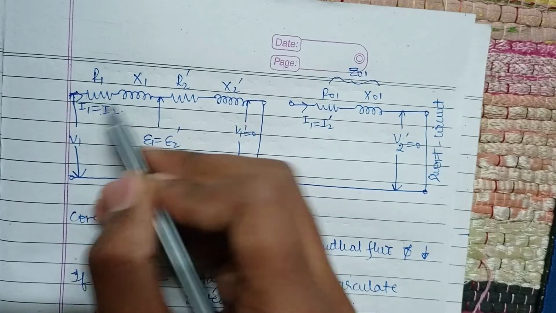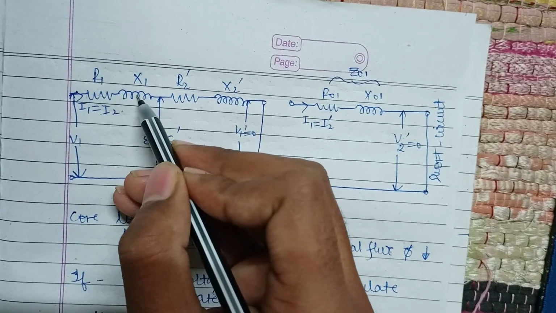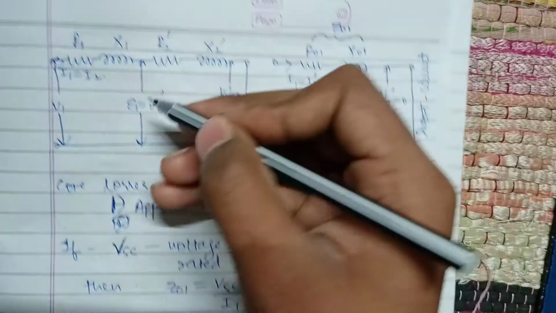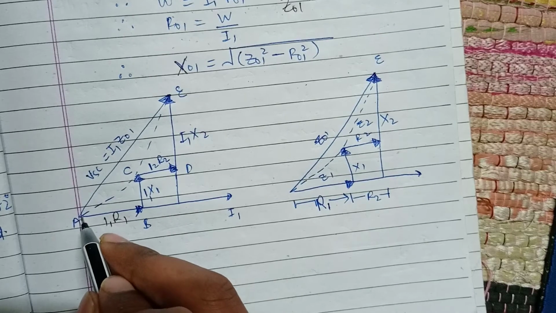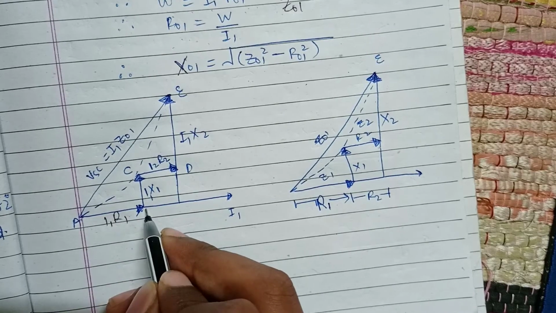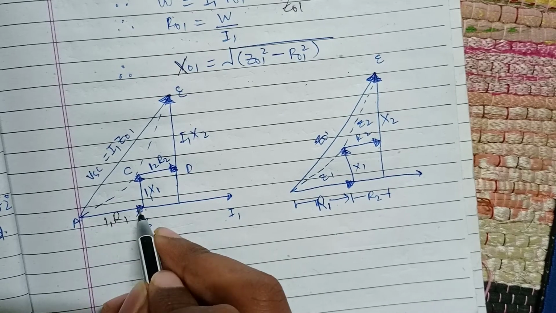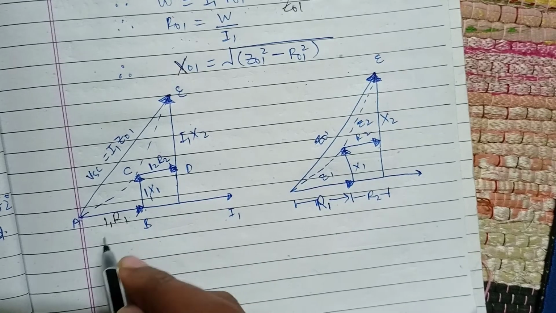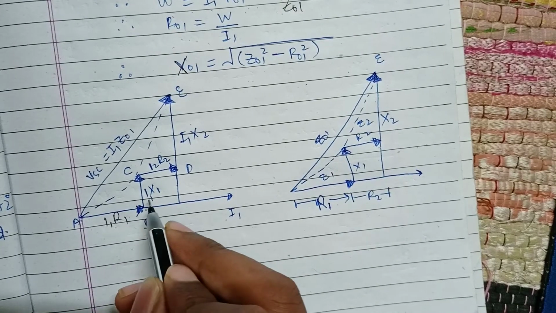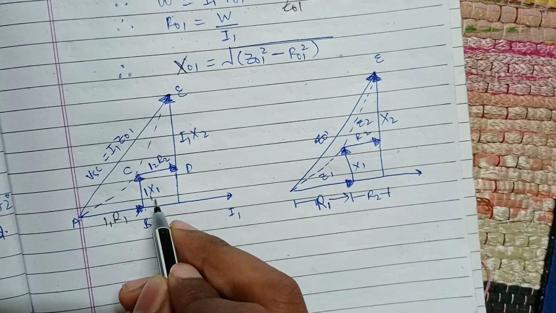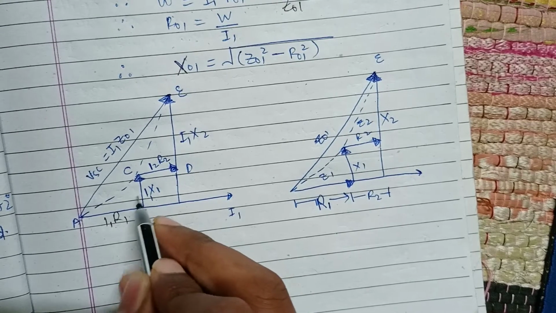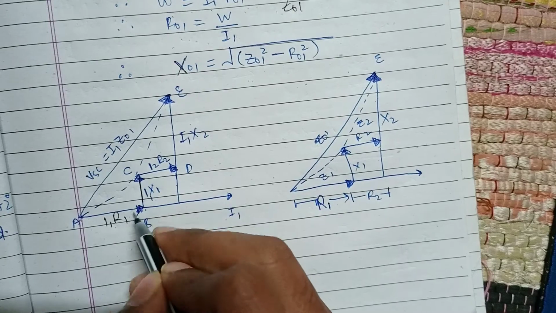Here the current is the same, so the voltage drop will be I1 X1. The current starts from here and goes to point B, having the voltage drop of I1 R1 with a phase of 0. But since we have an inductive load, the voltage drop will be I1 X1 with a phase of 90 degrees.